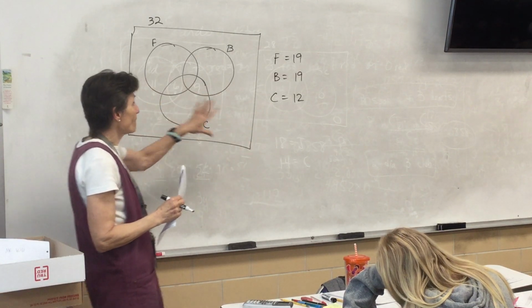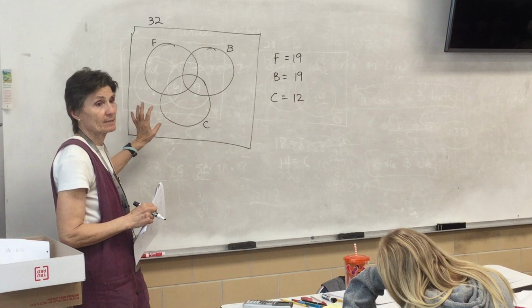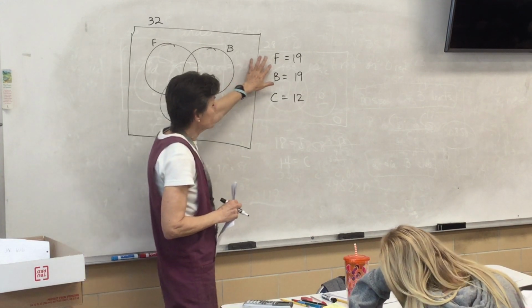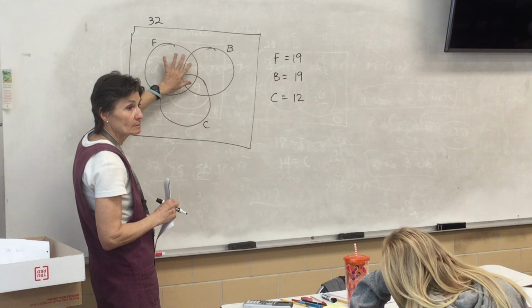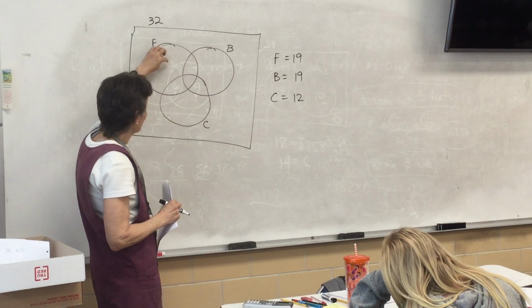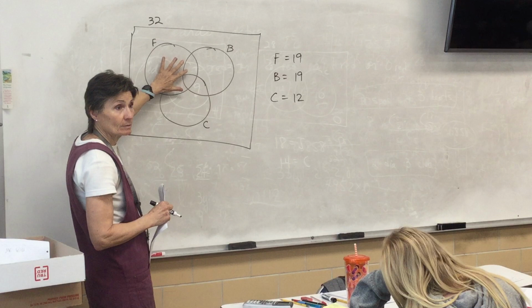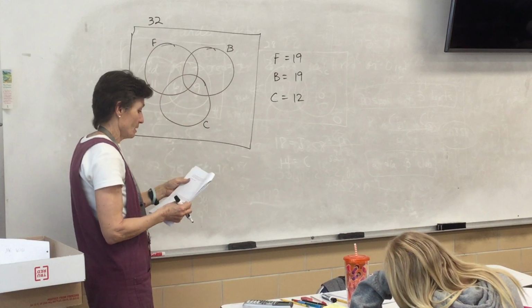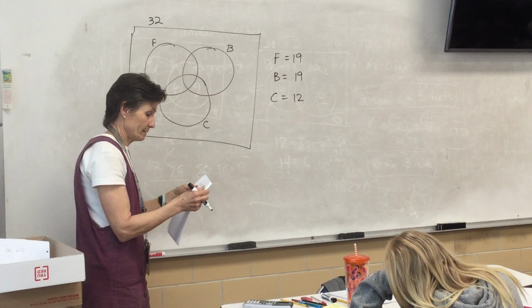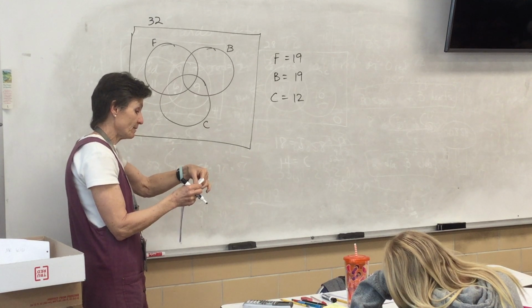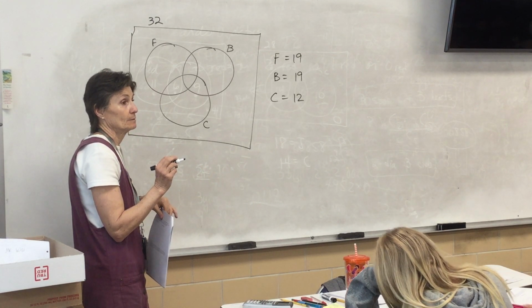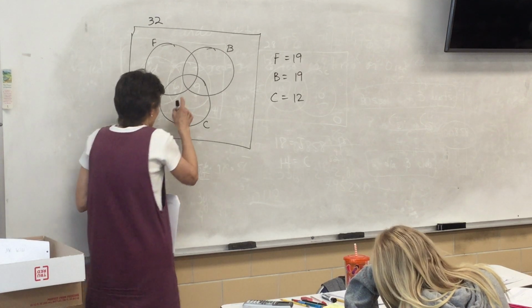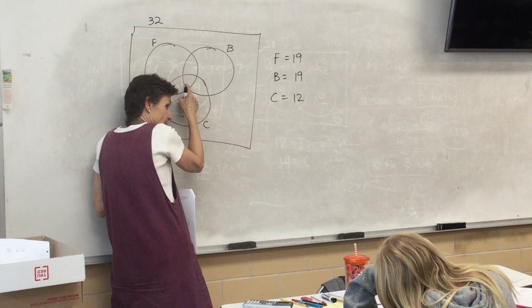Now, those numbers can't go in here yet. Because when we say 19 people like Fords, that's this entire ball. And that ball's divided up into 4 parts now, okay? Well, what can we fill in? Let's see. 5 kids liked all 3. Isn't that these people right here?